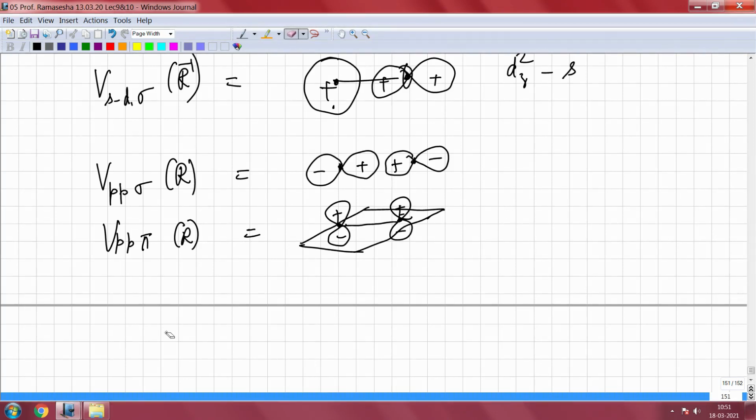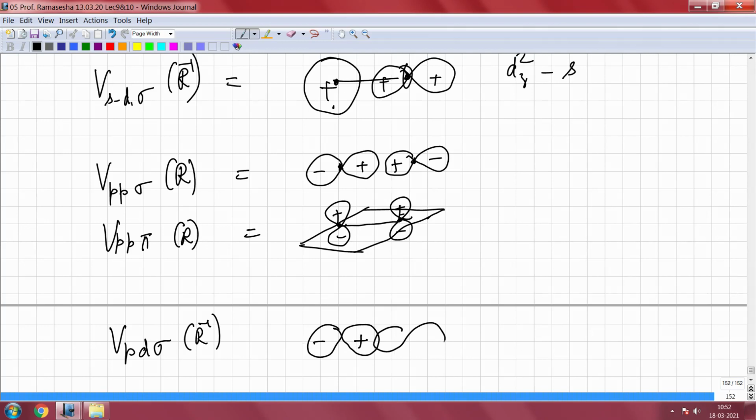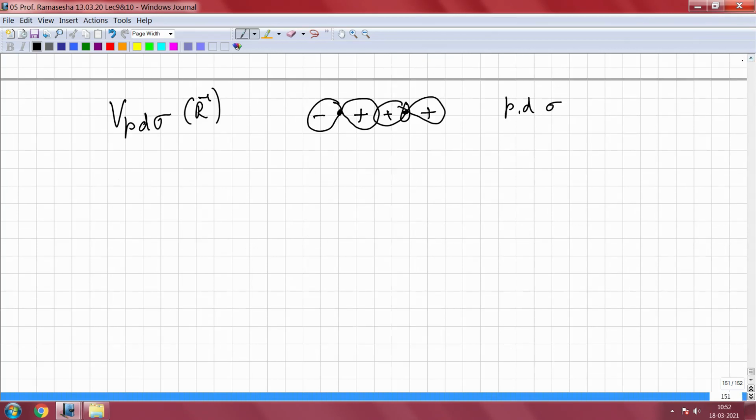I can also have the VPD sigma. This can be of this type. I can have a p orbital like this, and then a d orbital, and this will be PD sigma. I can have VDD sigma as a function of r.